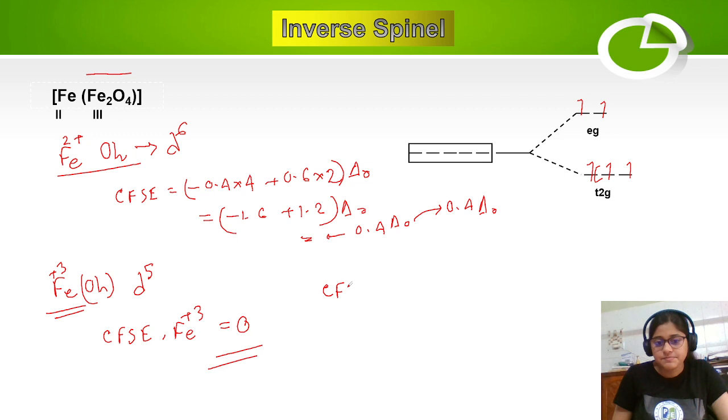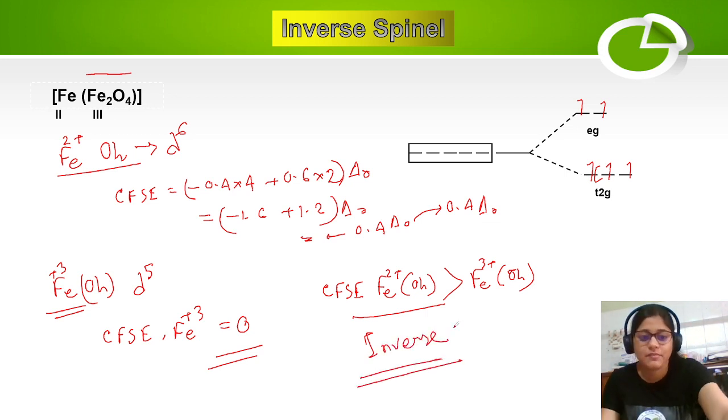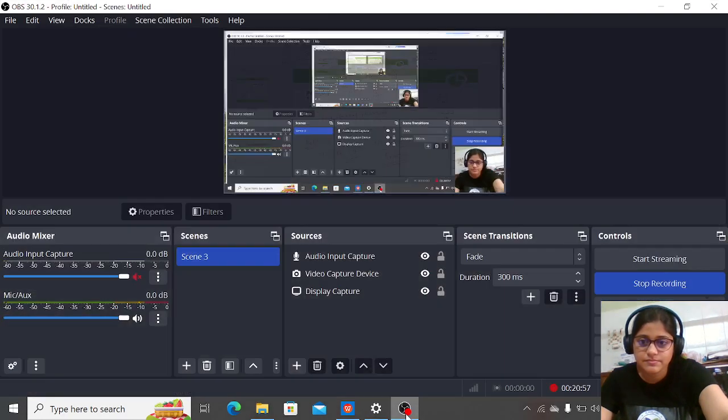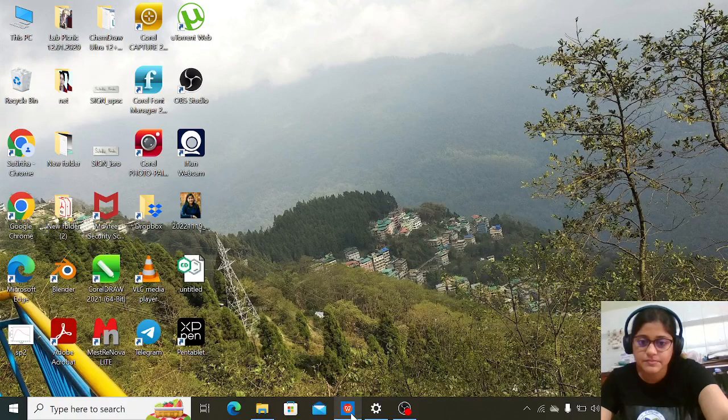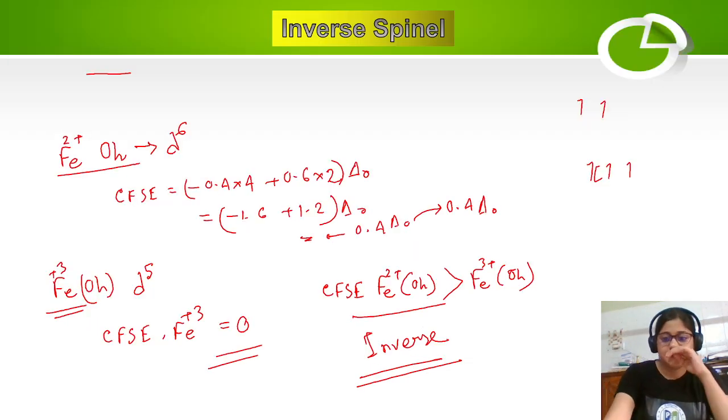The CFSE of Fe2+ in octahedral field is greater than Fe3+ in octahedral field. So obviously it is the inverse spinel now. Inverse, right? Okay, so that is the case.